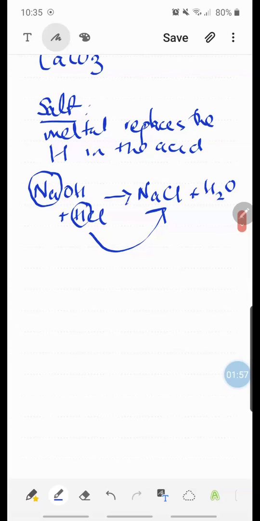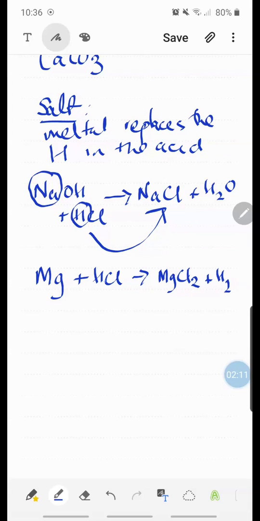Other examples of salts: when a metal reacts with an acid, we get a salt and hydrogen. Balance.